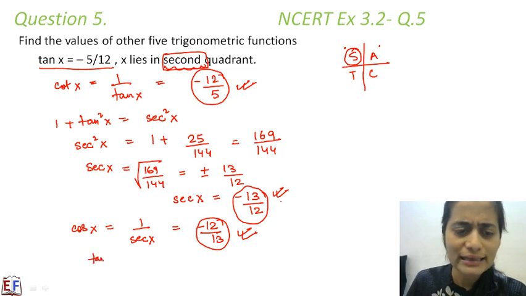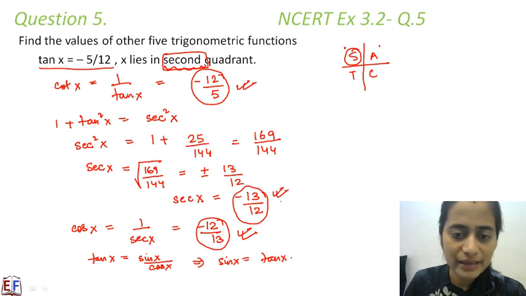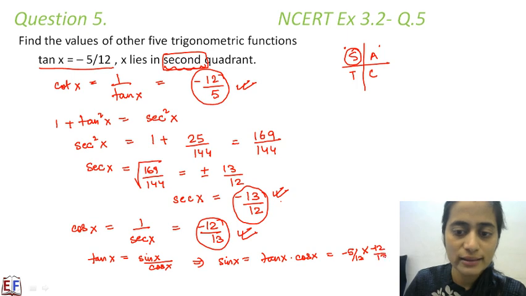We know that tan x is equal to sin x by cos x. So from this we can say that sin x will be equal to tan x into cos x. Tan x is given as minus 5 by 12 and cos x is minus 12 by 13. Correct? So 12 will get cancelled.